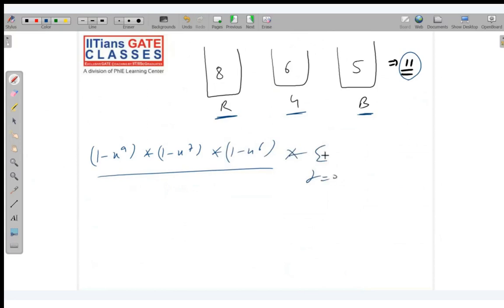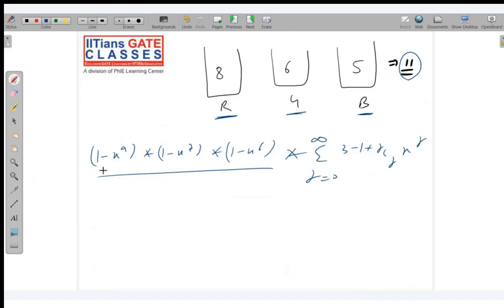I will bypass that also. Sigma r equals 0 to infinity, n is 3 here, so (n minus 1 plus r)C(n minus 1) x power r. Now I will find the coefficient of x power 11 from this equation and get the answer.